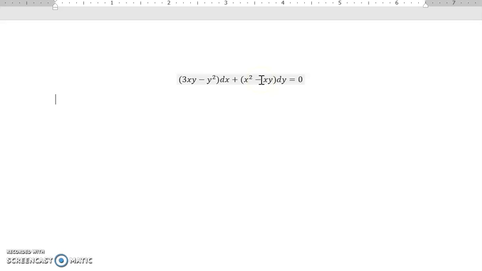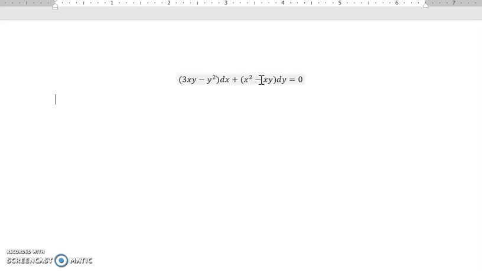So it may be possible to solve this equation for dy/dx and put everything on one side of the equation and then solve this problem as a homogeneous equation. I don't know how the integration would go. It would probably require integration by parts and some other things that maybe we don't want to do. But we're going to try to solve this one by using the method of exactness.